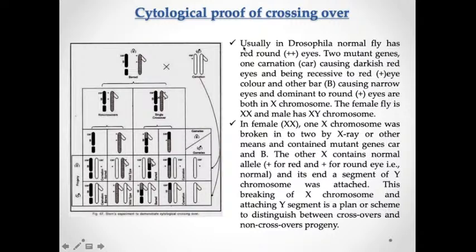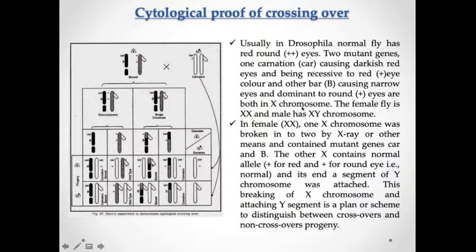Usually in Drosophila, the normal fly has red round eyes, with plus plus. There are two mutant genes: one is carnation, causing darkish red eyes, so CAR, which is recessive to the red plus eye color, and the other is bar, B, causing narrow eyes and dominant over the round plus eyes.